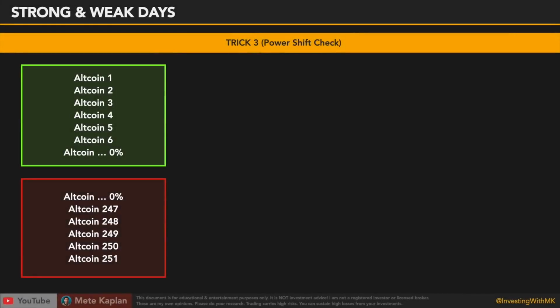Third trick is the power shift. Remember, buyers and sellers always cycle. None of them can be dominant to each other forever. They are like yin-yang, balancing the power. Right in the middle of the negative and positive coins, there is the midpoint.